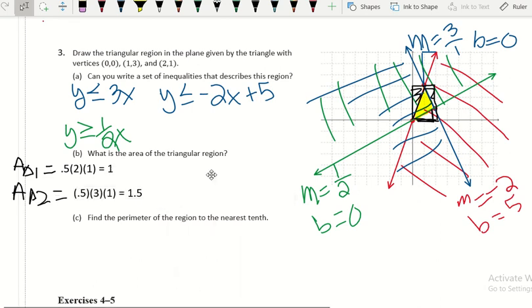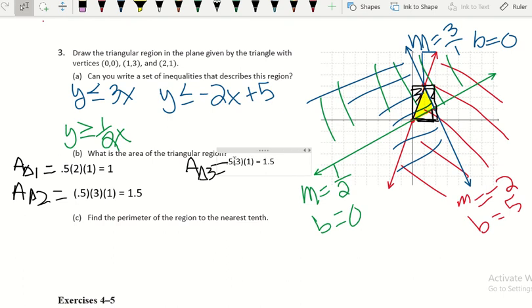So the area of triangle 3, and triangle 3 once again also has a length of 3 and a width of 1. So we can do that same thing here. And so that's also going to be 1.5.